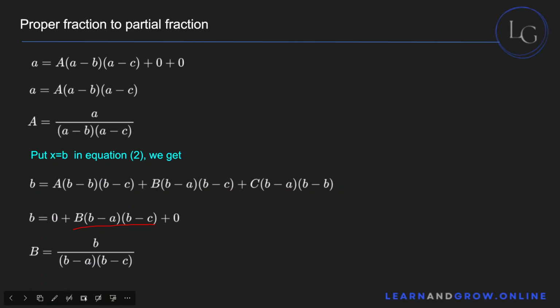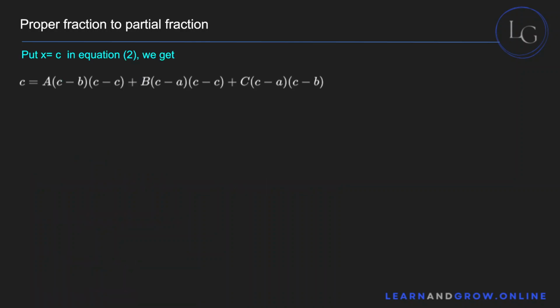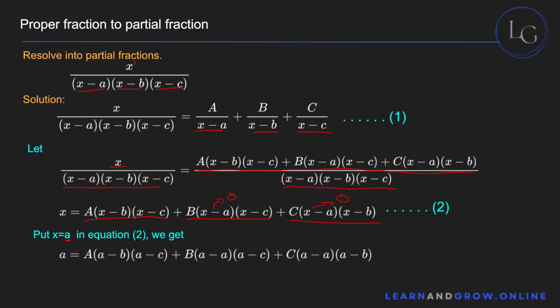Now, when you put x is equal to c in the same equation 2, well, let's see. This term will be eliminated because this x minus c becomes 0, and this term becomes eliminated because this x minus c becomes 0.